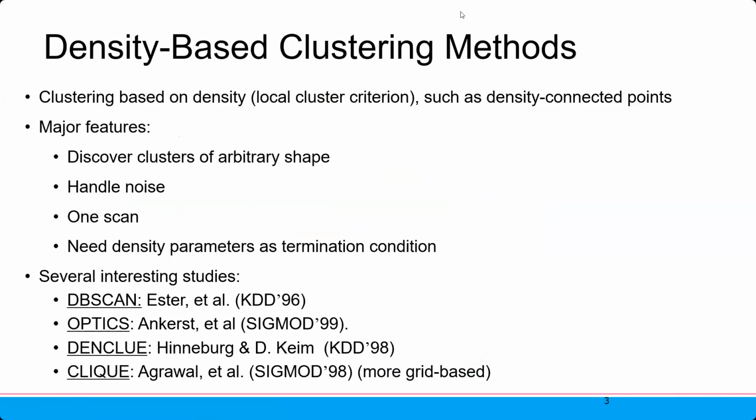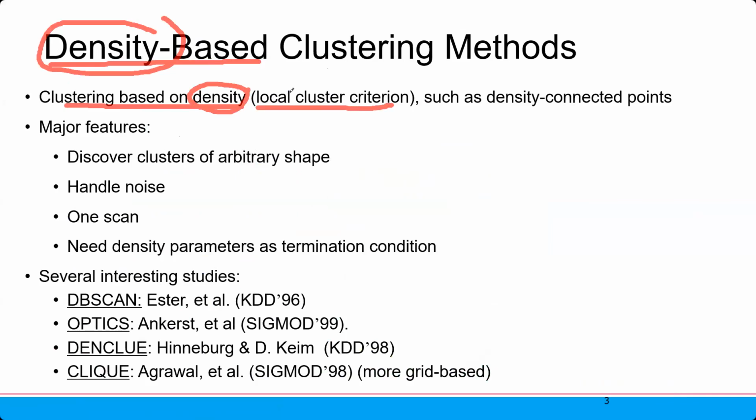We have another method, we call it the density-based method. We are going to look at the groups. If the clusters are dense, or in the local data there are so many objects gathering, we call it a local cluster.